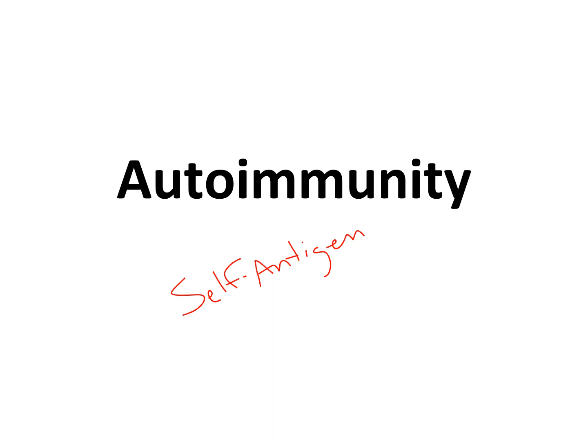So autoimmunity is a disorder of the immune system because your immune system should be tolerant to all of your self molecules. So when a person develops an autoimmune disorder, they are experiencing a loss of self-tolerance.